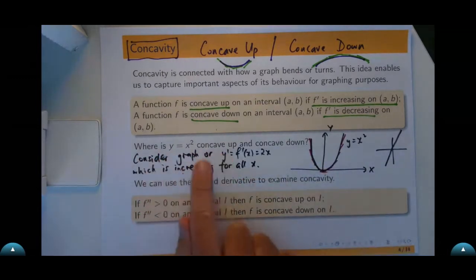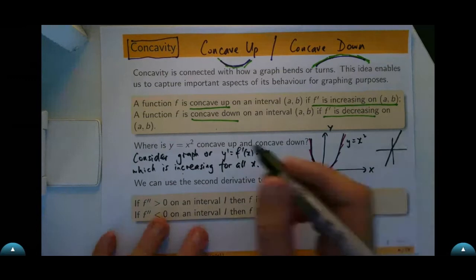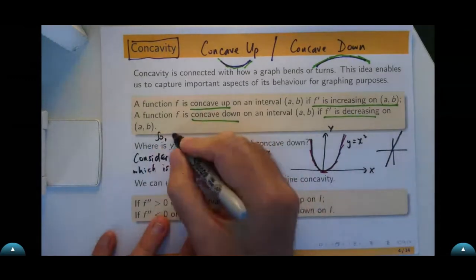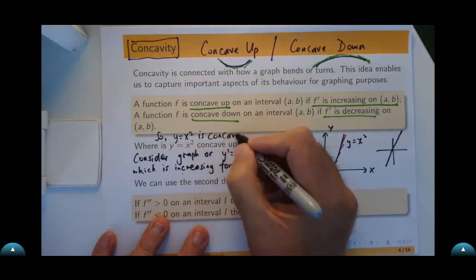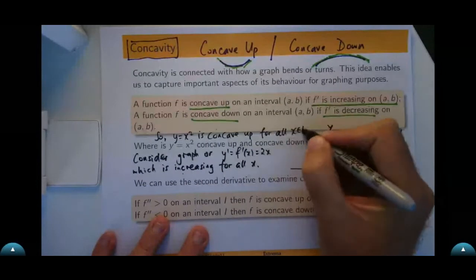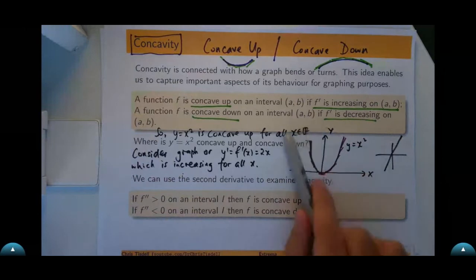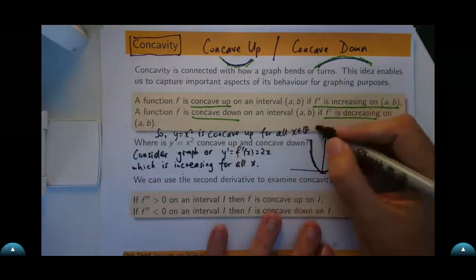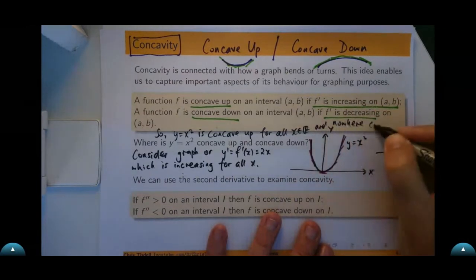Okay, so where is it concave up? Well, it's concave up everywhere, and it's concave down nowhere. Okay, so for the whole real line, the function's concave up, and it's nowhere concave down.